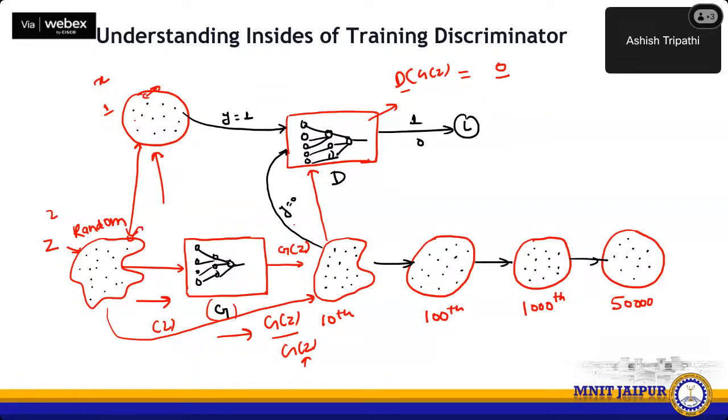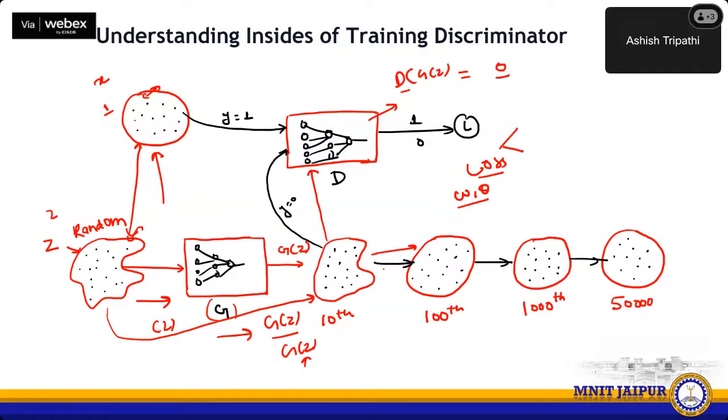That means the generator needs to train itself again to make itself more powerful in order to fool this discriminator model. So the generator will again train itself. It is going to calculate the loss, and using that loss function, it is going to backpropagate and update its weights and biases.